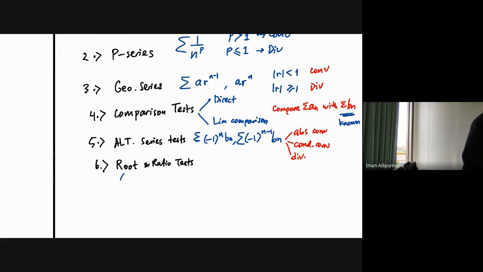The root, if the form is, you can take the root. Okay. If the form is b_n to the n, right? Usually the ratio involves factorial, usually, but not always.